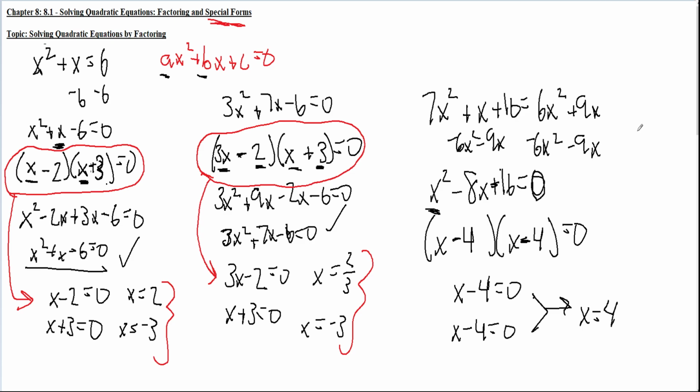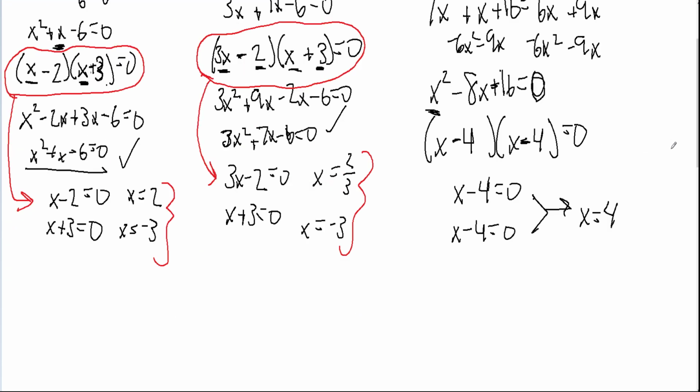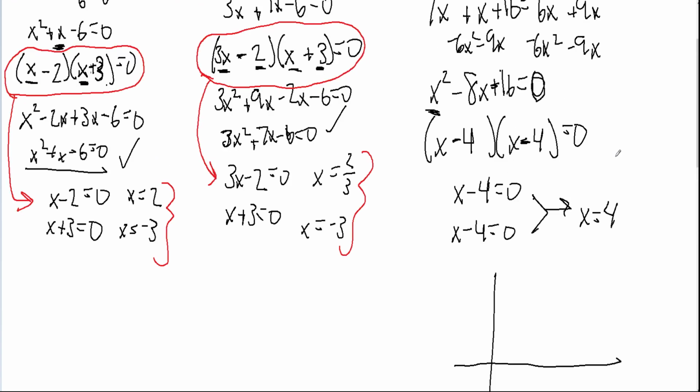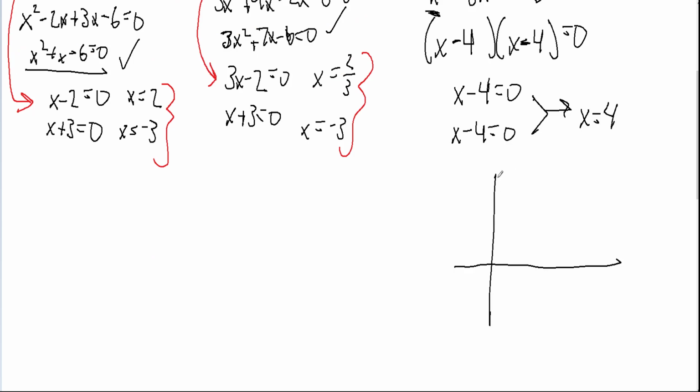So if you were to graph that, if I go down here, make some more room, you would have something like this. We have our y-axis here, our x-axis, x and y. Way out here we have x equals 4, and right there is where it equals 0.